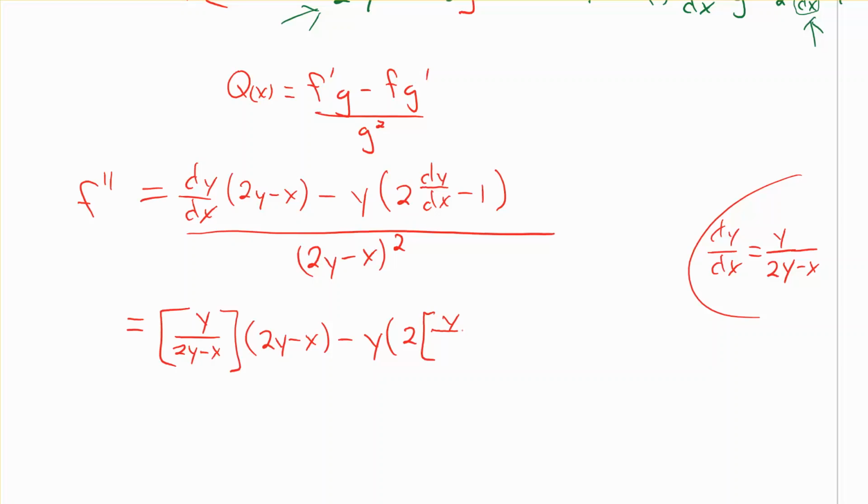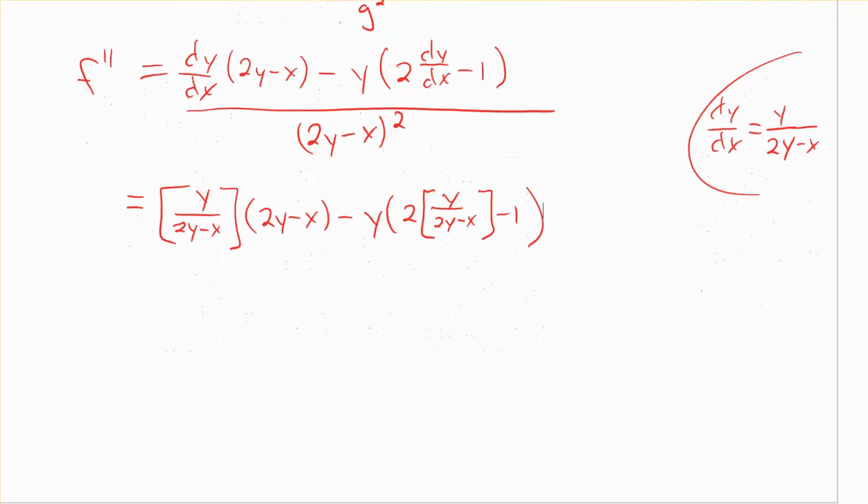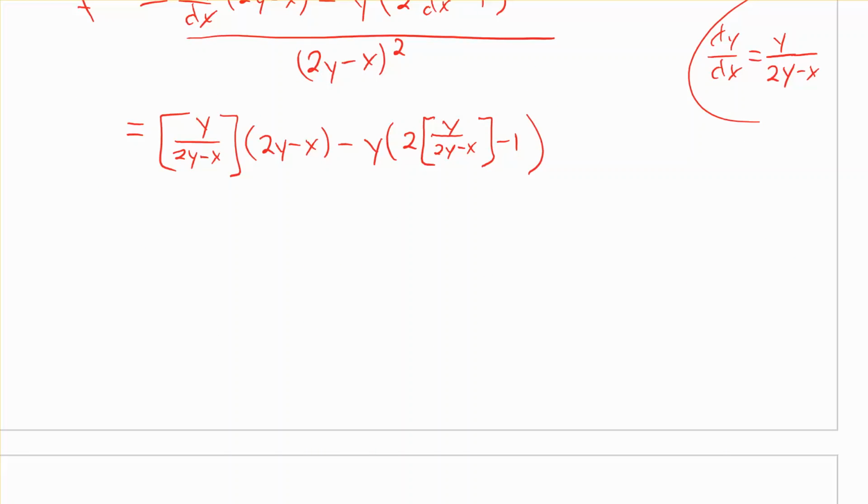So then y over 2y minus x, minus 1. Now we need to simplify this mess. Oh, and I keep forgetting my denominator, all over (2y minus x) squared. So now, simplify this mess.